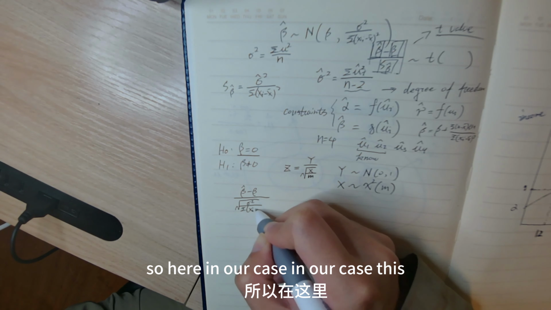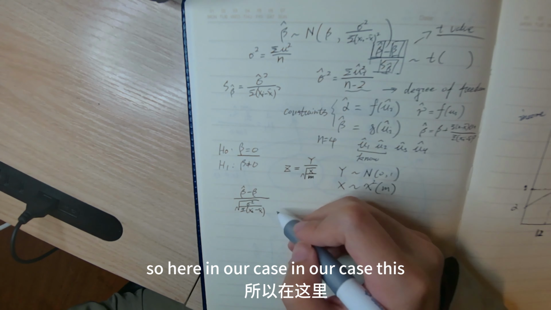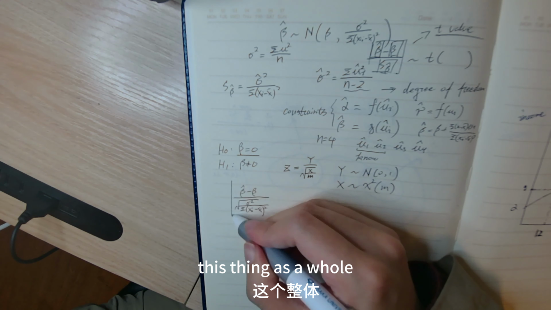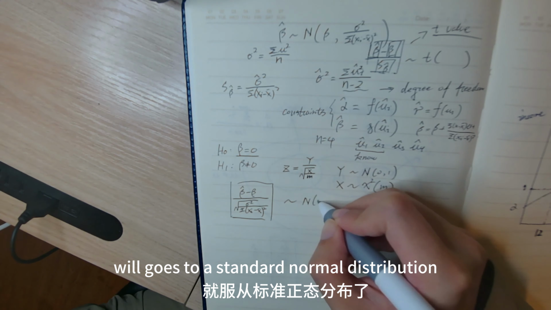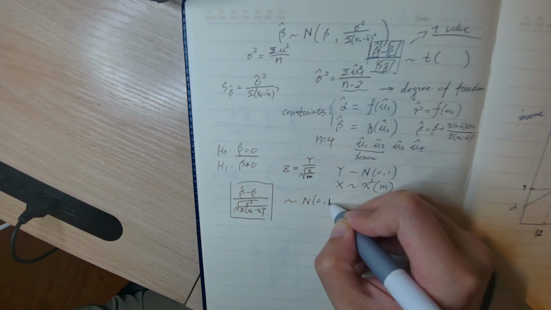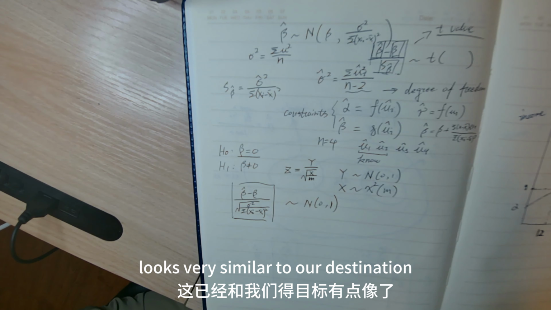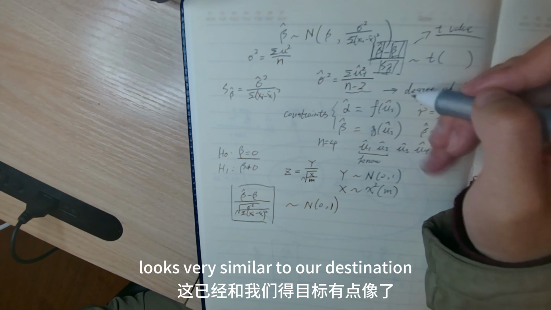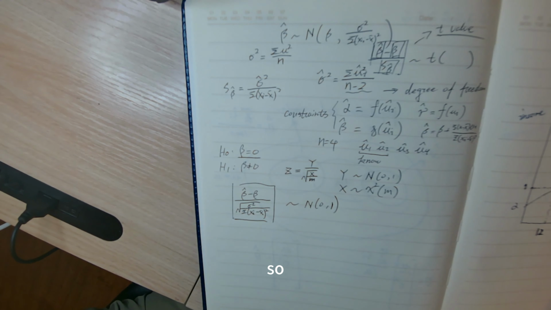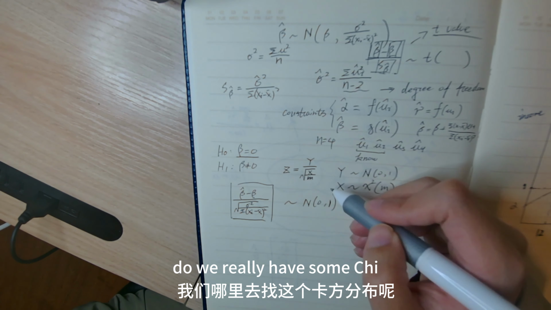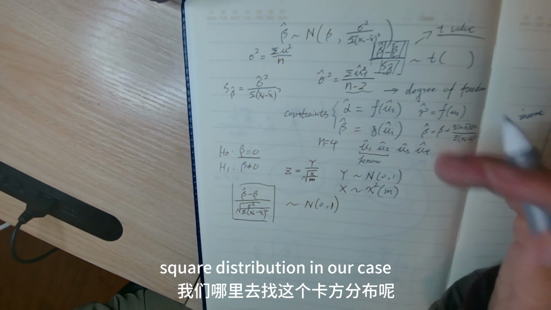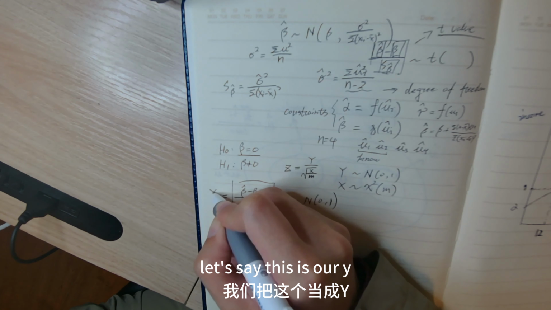So here in our case, this thing as a whole will go to a standard normal distribution. And this already looks very similar to our destination. So the problem then becomes, do we really have some chi-square distribution in our case? Let's say this is our y.